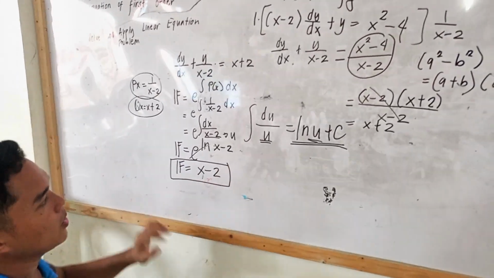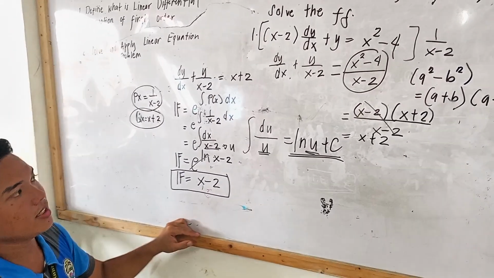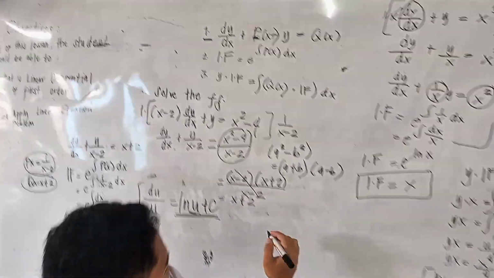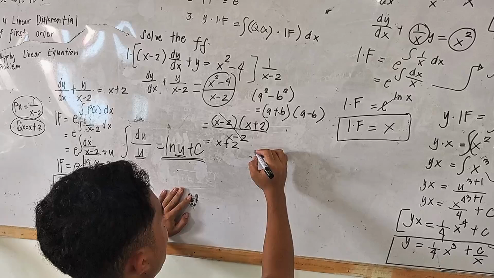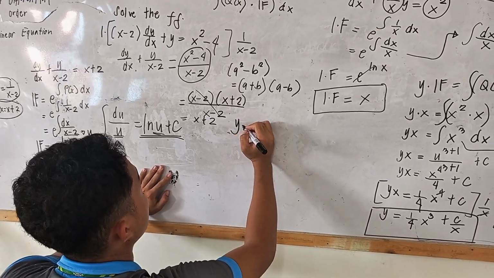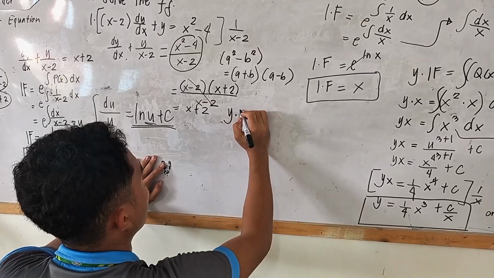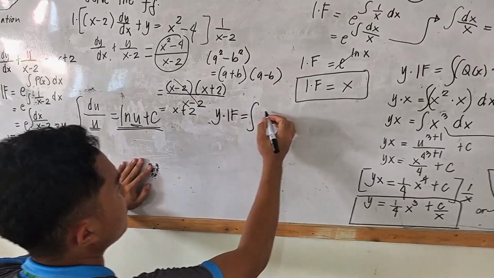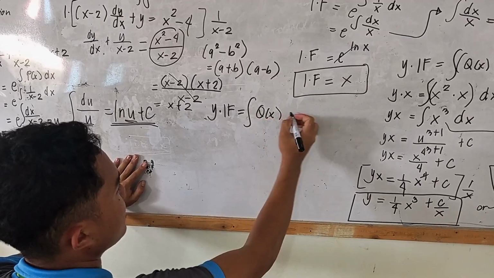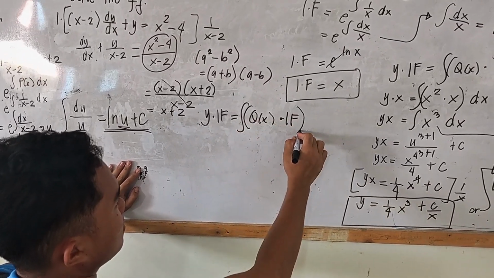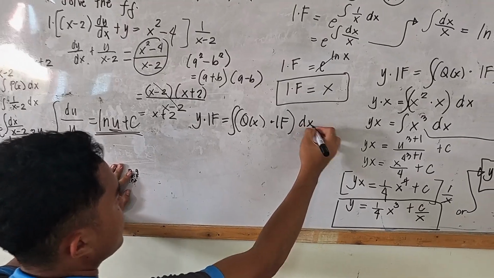Then lastly, we need to calculate y, the third step. The formula of y is equal to the integrating factor times the integration of q of x times the integrating factor, times dx.